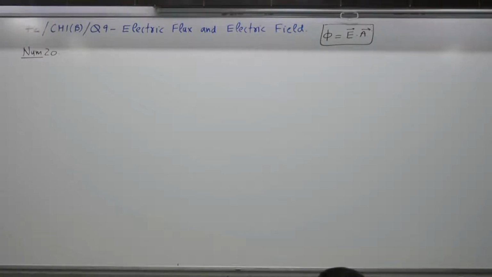Such that normal to the surface makes an angle of 60 degree with the direction of electric field. Find flux of electric field through the rectangular surface. Write what is given, what is required.